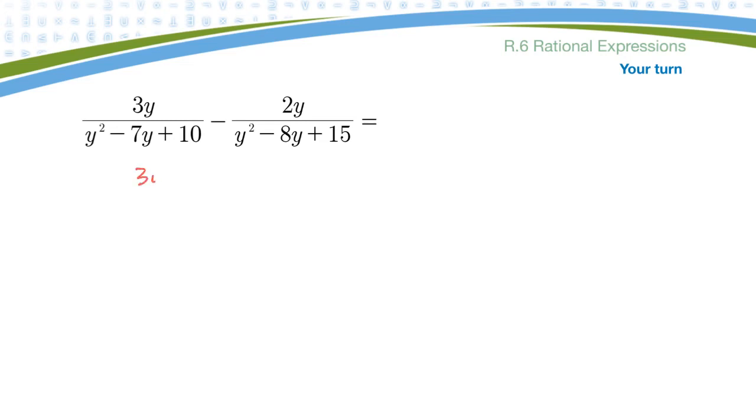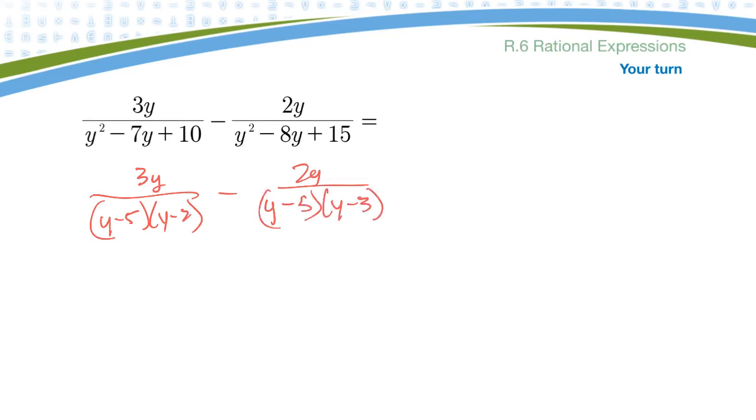Okay, factor first. (y - 5)(y - 2), minus 2y over (y - 5)(y - 3). So my lowest common denominator is going to be (y - 5)(y - 2)(y - 3). Have that one already. I don't have a (y - 3). So that'll be my lowest common denominator.